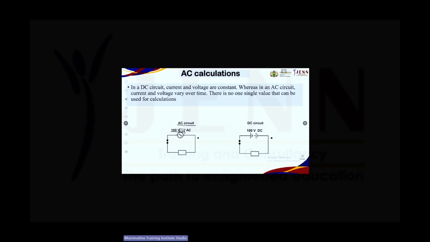But like I said, there are many advantages to an AC current over, for example, a DC current. With DC current, you can't change it. But with the AC current and voltage, you can step it up and you can step it down.